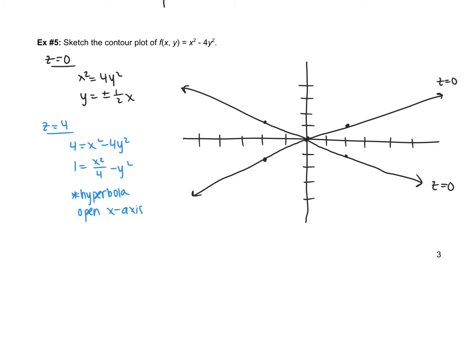Because of that 4, we go to x is 2 and x is negative 2. Then our hyperbola is going to open to the left and to the right. So that blue one is when z is 4.